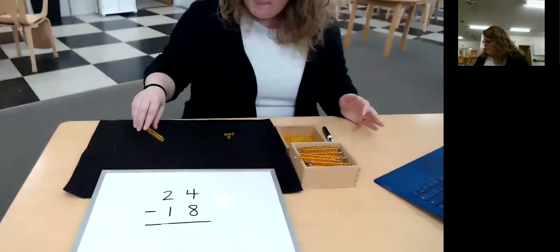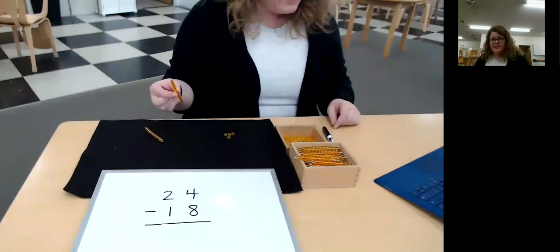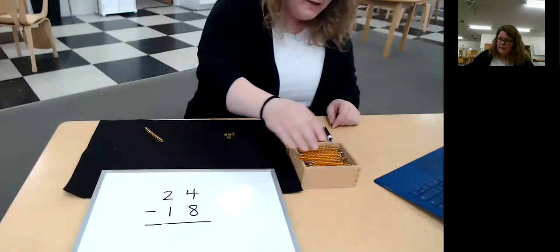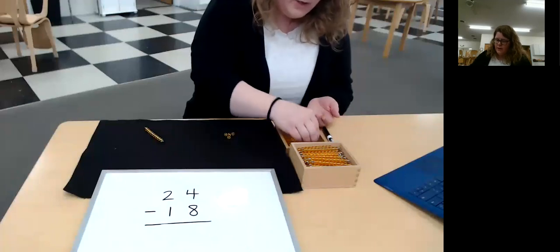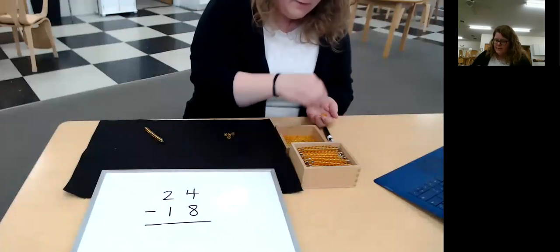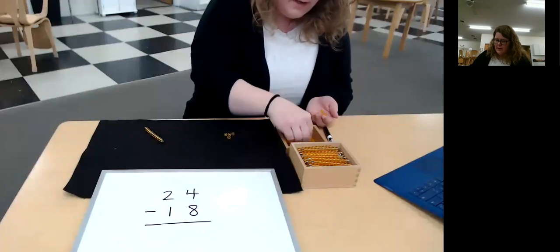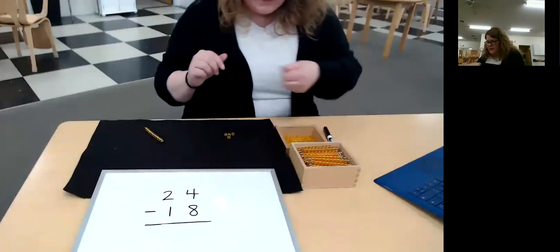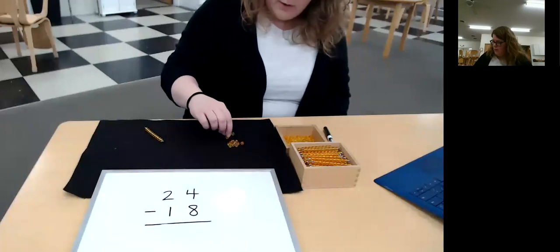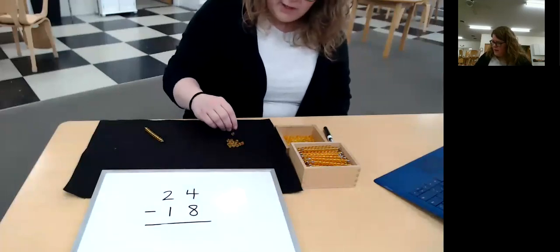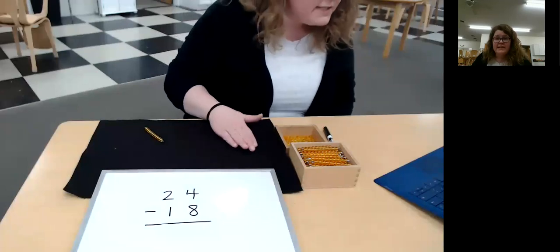Yes, I could. So let me take one of these tens back to the bank over here and trade it in for 1, 2, 3, 4, 5, 6, 7, 8, 9, 10 units. Okay, so I have 10 units here plus 1, 2, 3, 4. I now have 14 units.